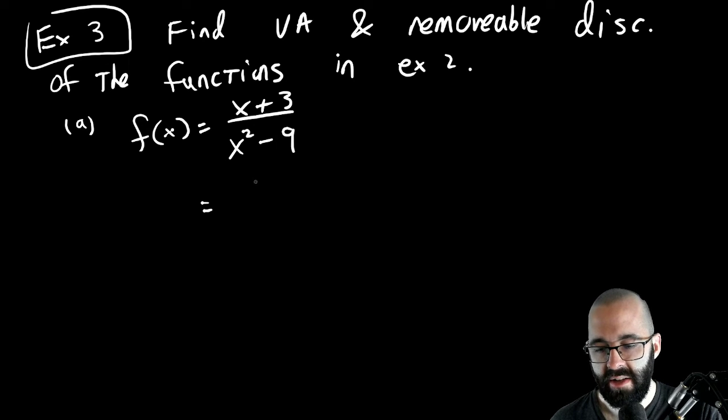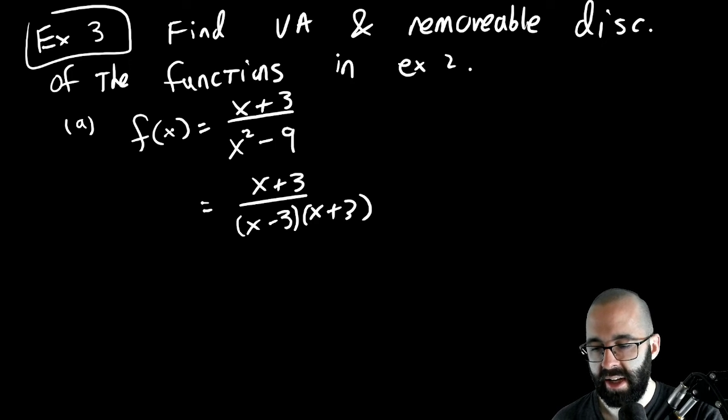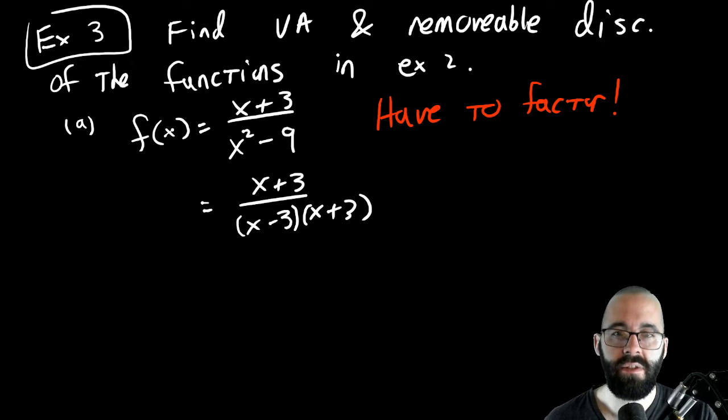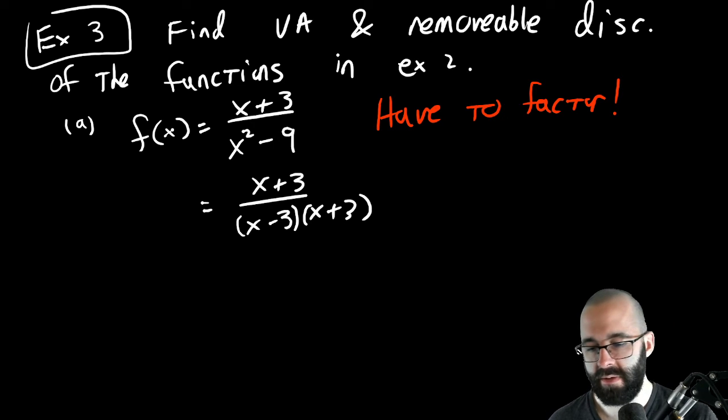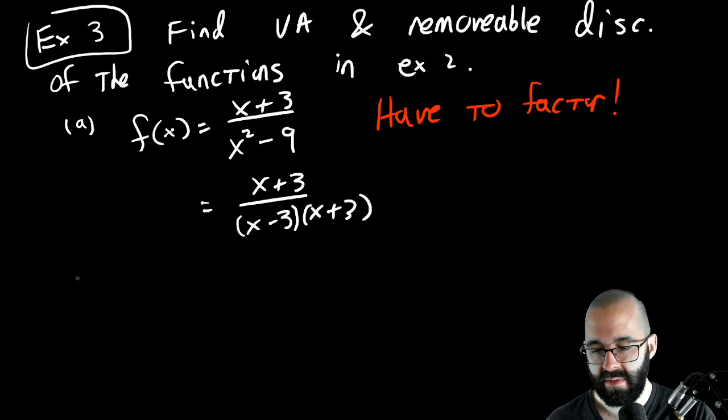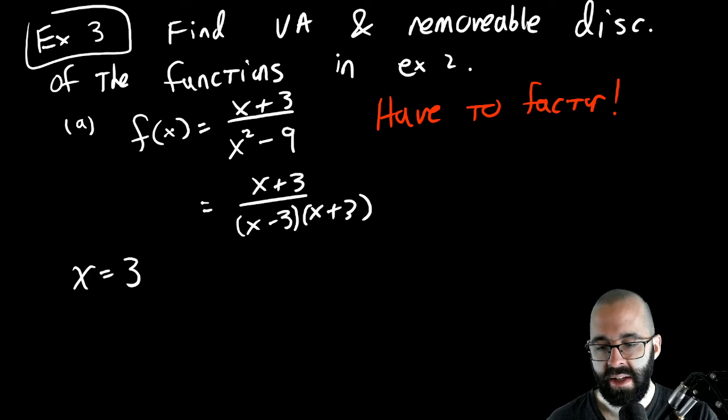So let's factor it. This is going to be x plus 3 divided by x minus 3, x plus 3, and again, don't cancel. Canceling changes the function. It fills in any holes. So there's two candidates, right? x equals 3 is going to be one candidate, one kind of discontinuity, and x equals negative 3 is going to be another type of discontinuity.